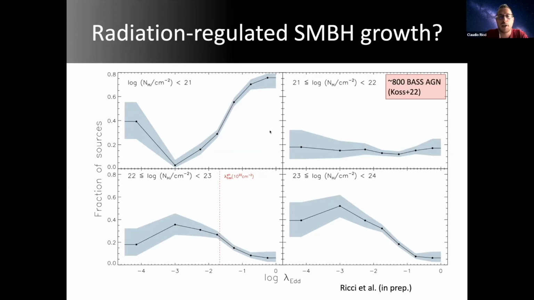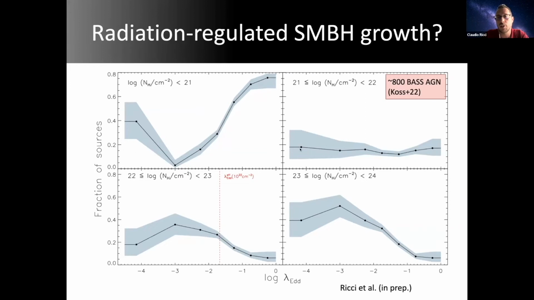And thanks to the larger statistics, we were actually able to divide sources depending on their column density and look at how the covering factor of the individual column density bin changes. So if we look at unobscured sources here on the top left, you'll see that there is a great increase as the Eddington ratio increases, and this is consistent with the fact that radiative feedback is extremely efficient in removing the obscuring material.